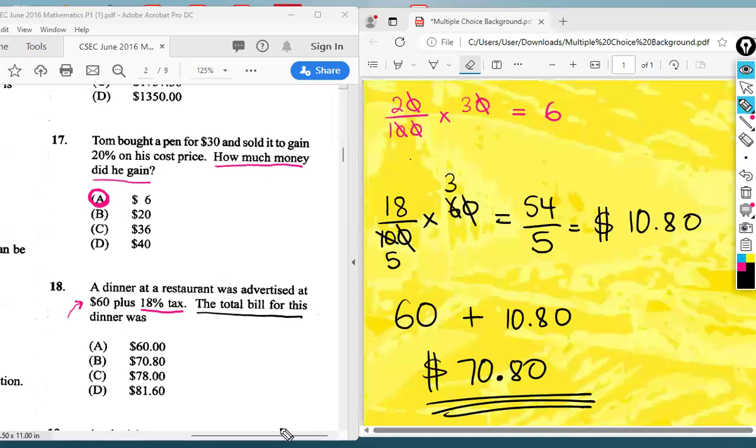So the answer would be B. And this is something true when you go to any fancy restaurant: you get a tax on top of it, and then you get a service charge on top of it. So when you advertise something at $60, most of the time it ends up being close to $100. Right, so let's move on.